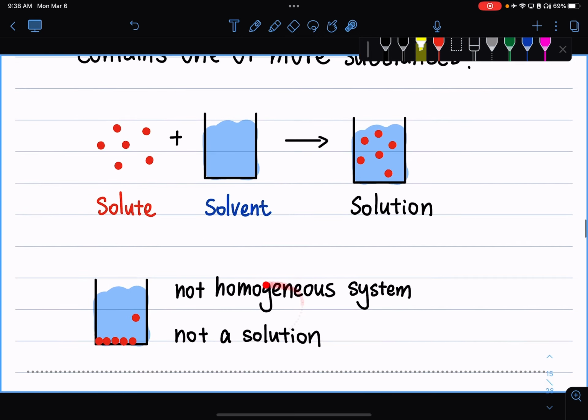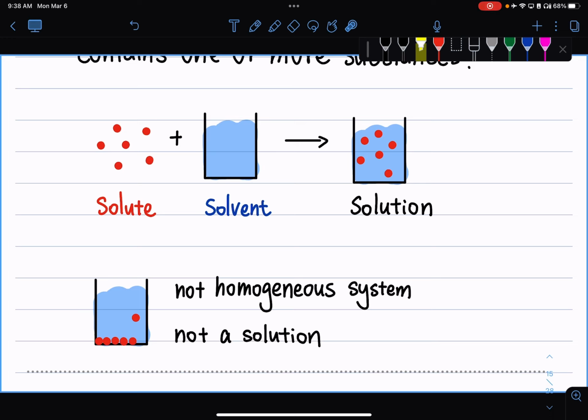One misunderstanding we should avoid: if you have some NaCl solid at the bottom of your beaker, that's no longer a solution, because your solute is not evenly distributed in your entire system.